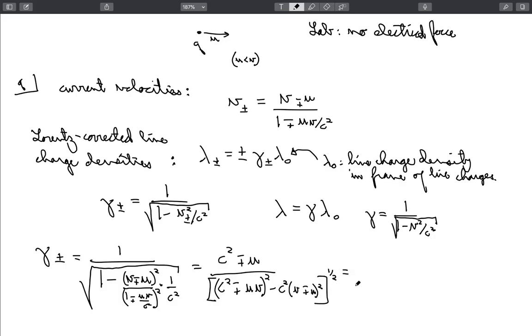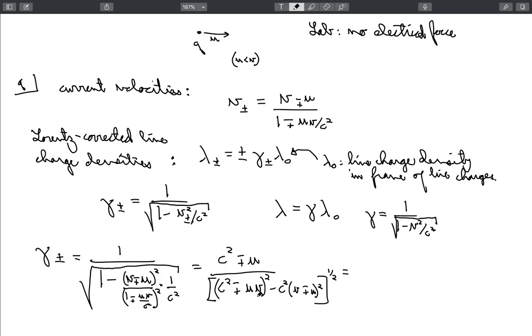Right, so I can just simplify the things here. You see, I've got a c to the 4, which stays. I've got the minus or plus 2 c squared uv, and then this one would disappear against the cross term here, and I would be left with a c squared v squared, c squared u squared.